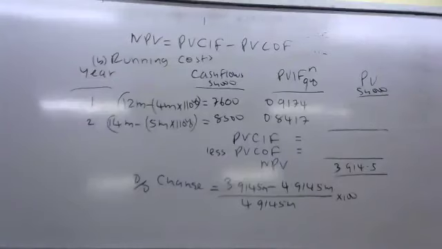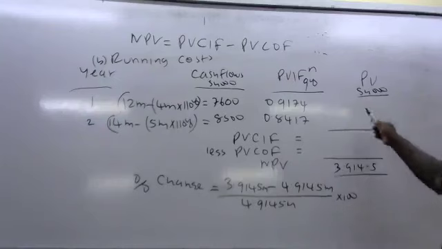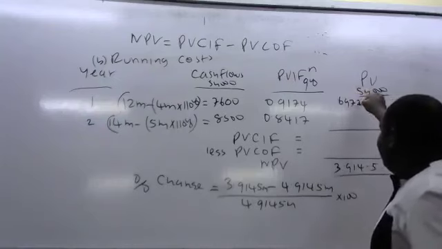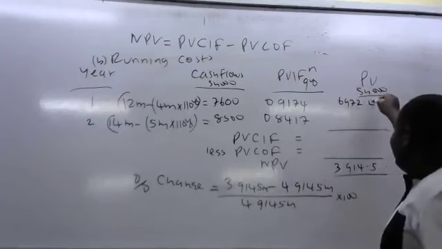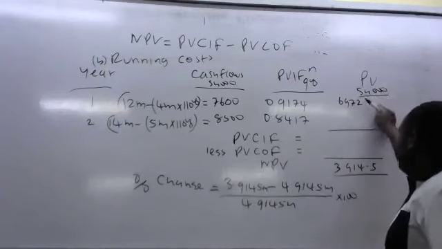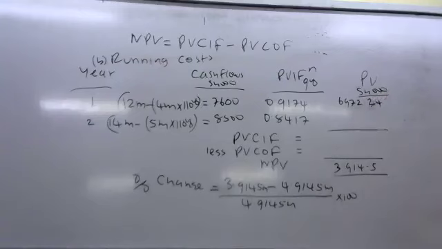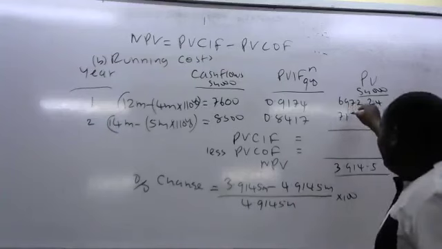So year 1 itakuwa ngapi? This one is 69.72. Equal. Then the second one should be 71.